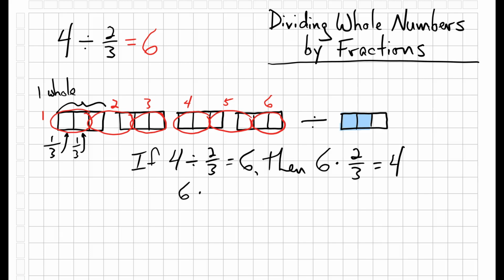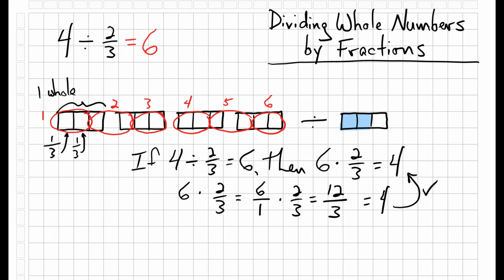So 6 times 2/3, and we often will write this as 6/1 times 2/3. I'll multiply my numerators. 6 times 2 is 12. Multiply my denominators. 1 times 3 is 3. And 12 divided by 3 is 4. So yes, my division is correct. 4 divided by 2/3 equals 6.